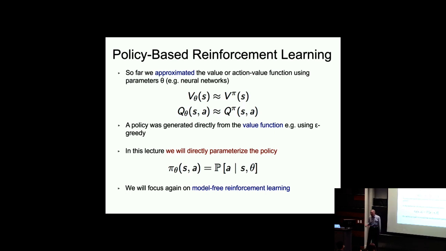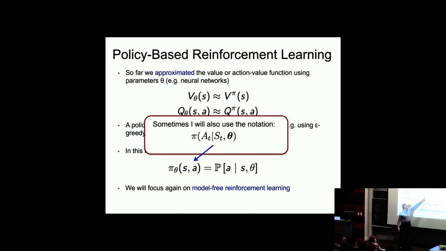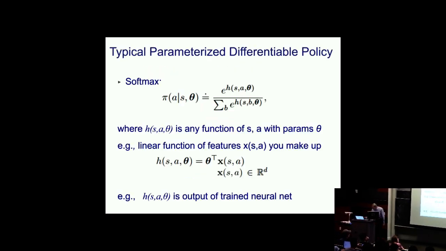So we will be assuming we don't have that available. And sometimes, another notation thing, we'll also sometimes just represent this as the conditional probability of an action given a state, same as this.